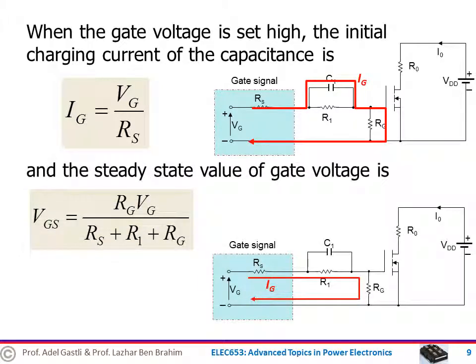The steady-state value of the voltage across the gate resistance, which is the gate voltage, is usually determined by this equation. Notice that this voltage depends on the gate source voltage, the source resistance, the resistance R1, which is limiting the gate current, and the resistance RG, which is the gate resistance.